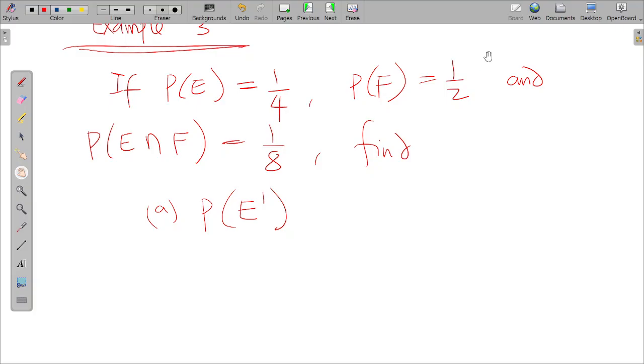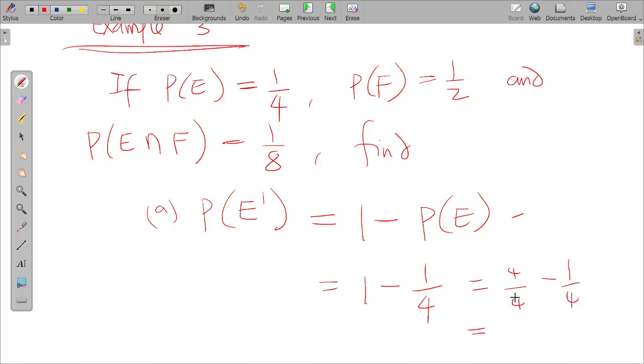As I mentioned in the previous video, please make sure you go through it: the complement of E is just 1 minus P of E. So that would be 1 minus 1 over 4, which is 4 over 4 minus 1 over 4, which is 3 over 4.